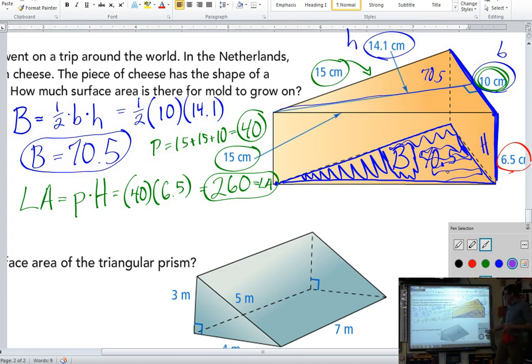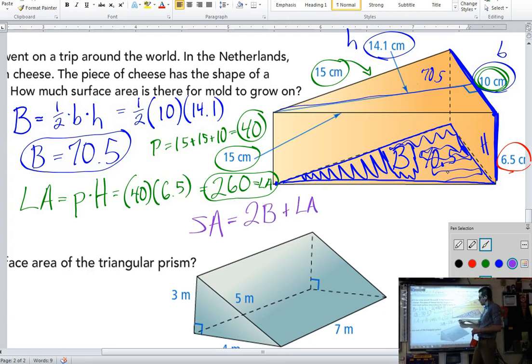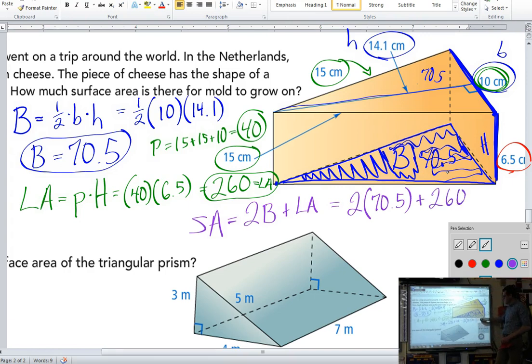So when I go to do final surface area, that's why we double the base and then just add in one lateral area. The lateral area already took all of the faces. So 2 times the 70.5 plus the 260. I already knew 2 times the 70.5.